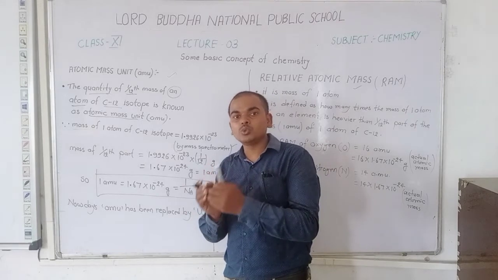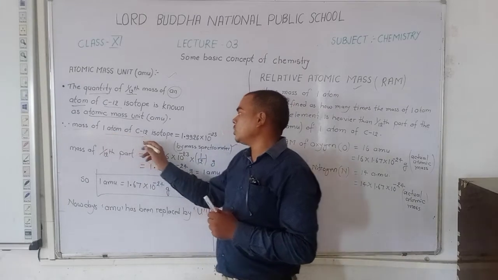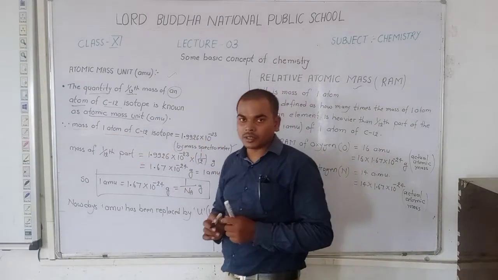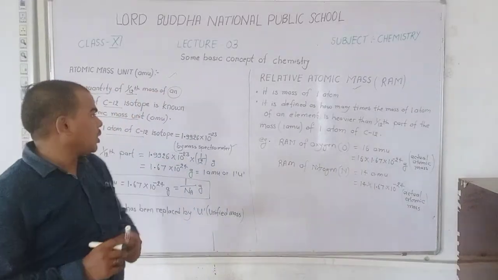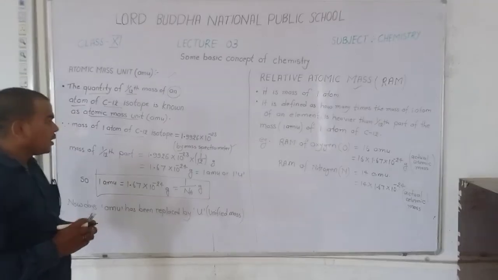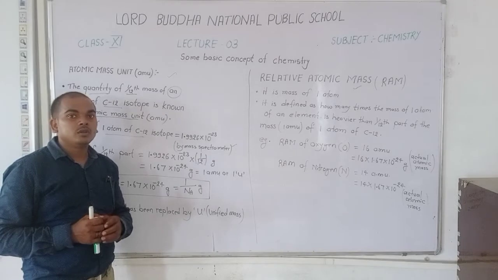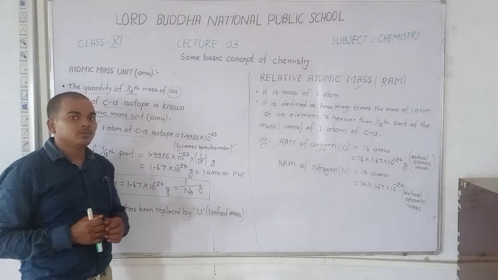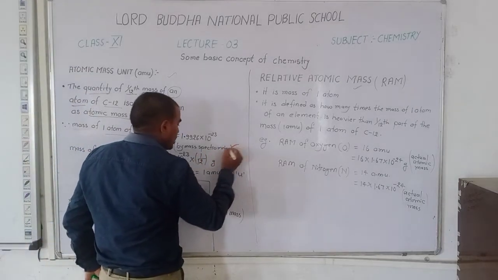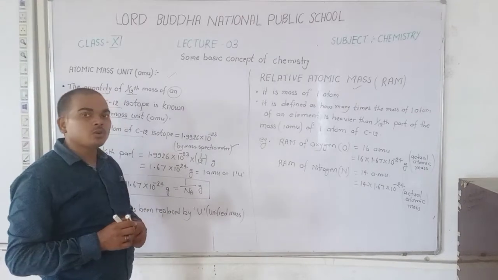Practically, by using spectrometers, we observe that the mass of one carbon atom is 1.9926 into 10 power minus 23 gram. It is not necessary to know how it is found, because it is measured practically by using a mass spectrometer.